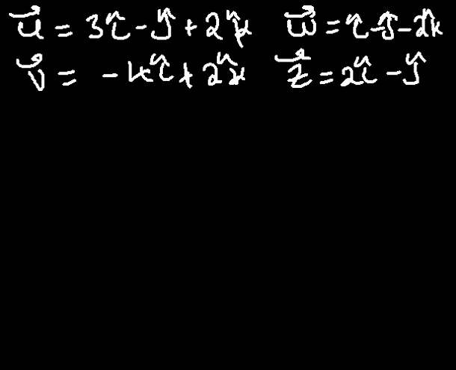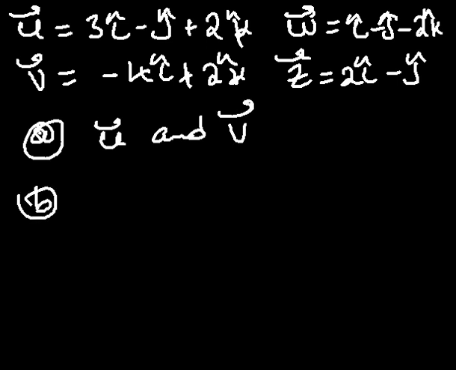Which pair of the following vectors are orthogonal or not? Let's say A: the angle between vector u and vector v.